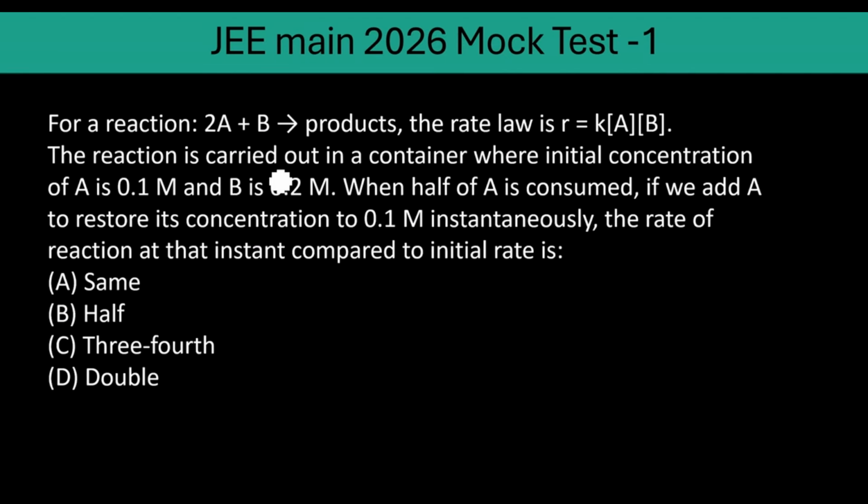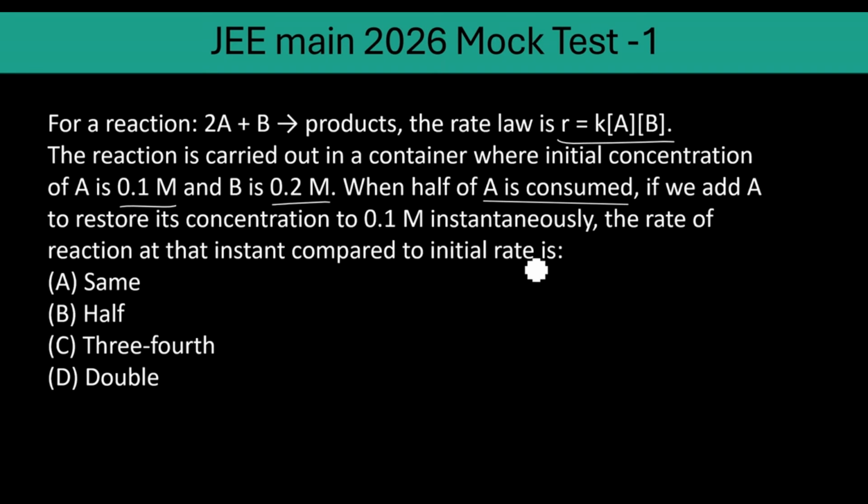Reaction: 2A plus B gives product. The rate law is R equal to K into A into B. The reaction is carried out in a container, initial concentrations were 0.1 for A and 0.2 for B. When half of A is consumed, we are adding A to make it 0.1 again. Then we have to find the rate of the reaction at that instant compared to the initial rate.